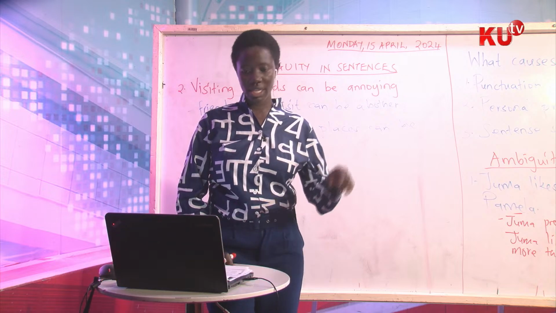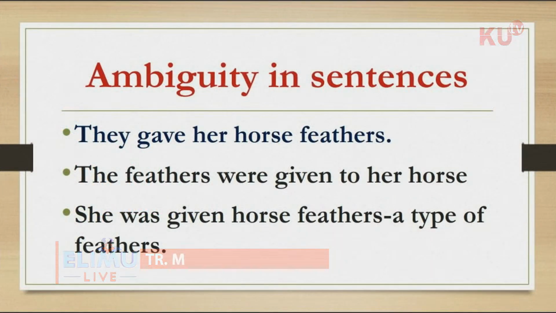So the her, who was the object in the statement, now becomes the subject, she, the personal pronoun, and she is the one that was given the horse feathers. In this case, horse feathers refers to a type of feathers.